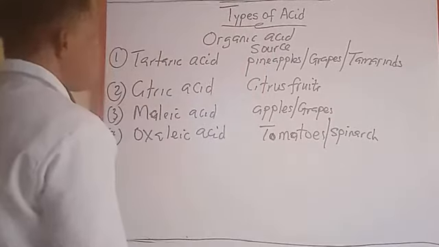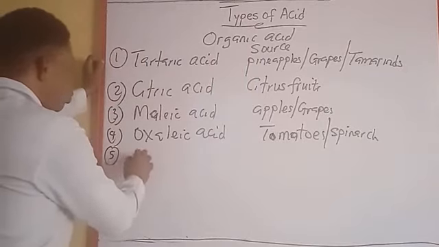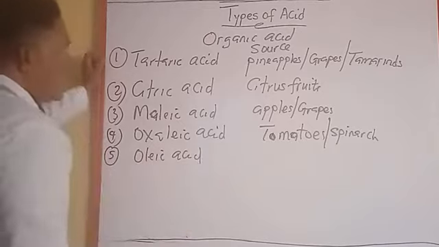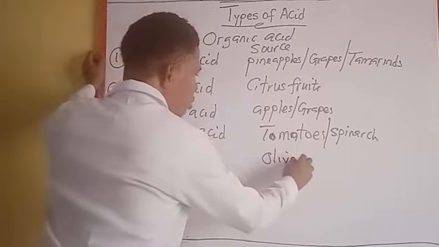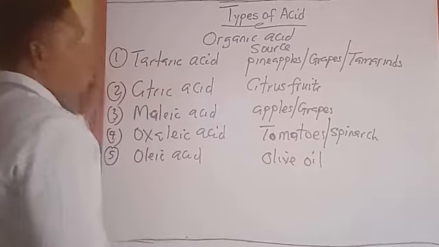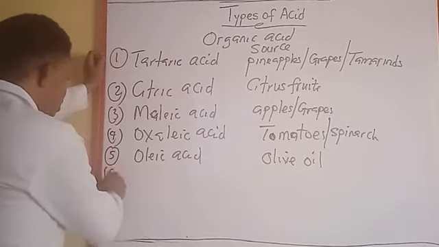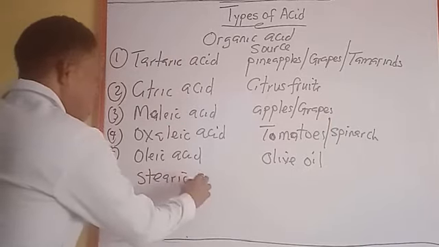Not only that, number five, we have the oleic acid. The oleic acid can be found in olive oil. Number six, we have stearic acid. All these acids are organic acids.